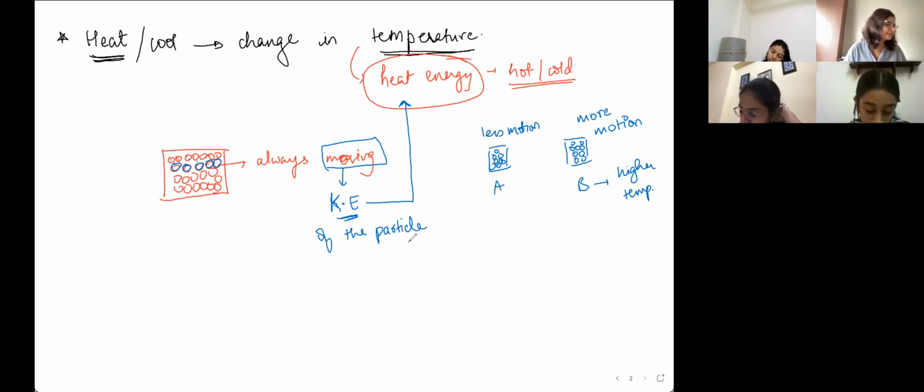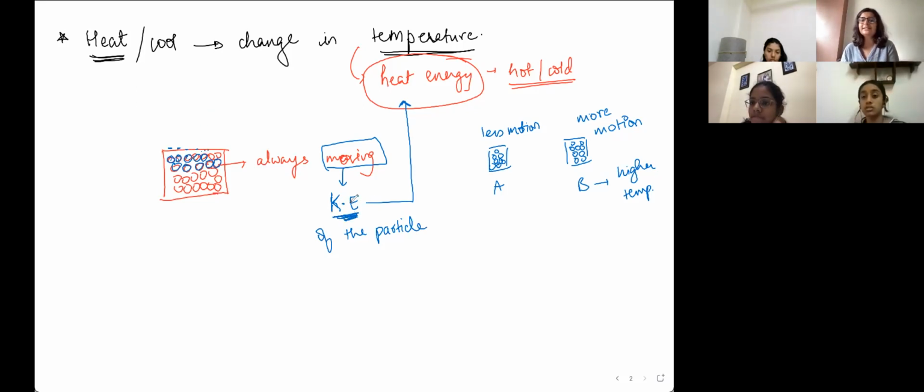If the body is at rest, it has no velocity, so it has no kinetic energy. But this body is made up of individual atoms, right? And last class we said that even though a solid is rigid and tightly packed, the particles still move in their place. Tiny motion will be there. That motion is what we are considering.